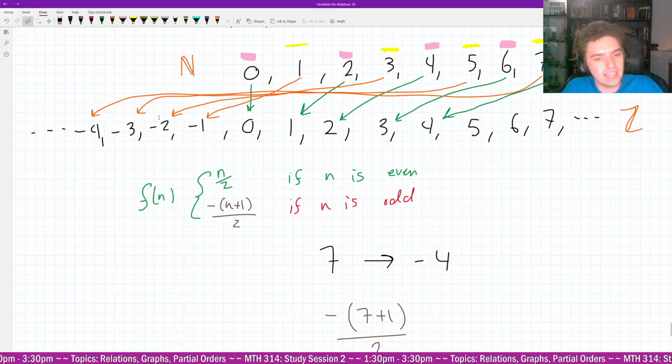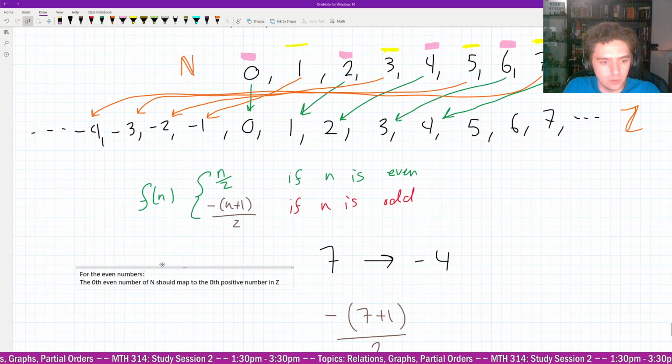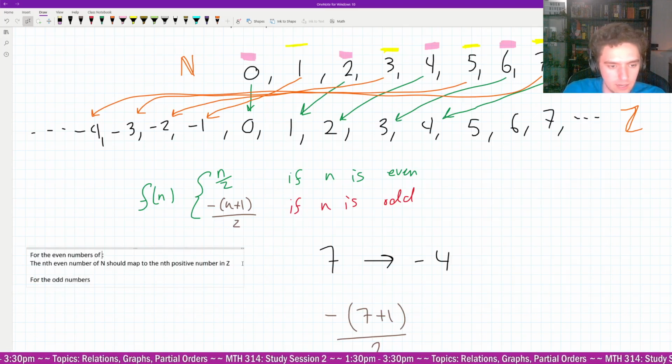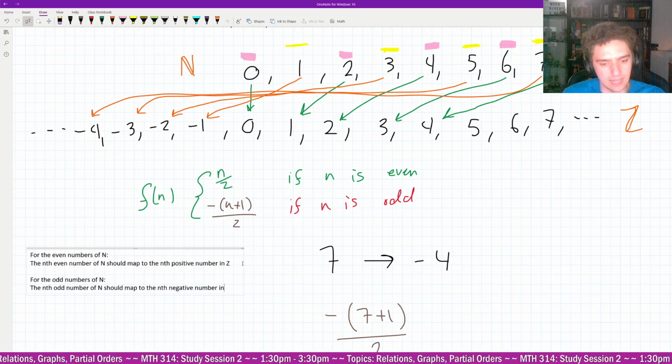But the real way to think about it is this. For the even numbers, the nth even number of n should map to the nth positive number of Z. And for the odd numbers of n, the nth odd number of n should map to the nth negative number in Z. And 0 maps to 0.